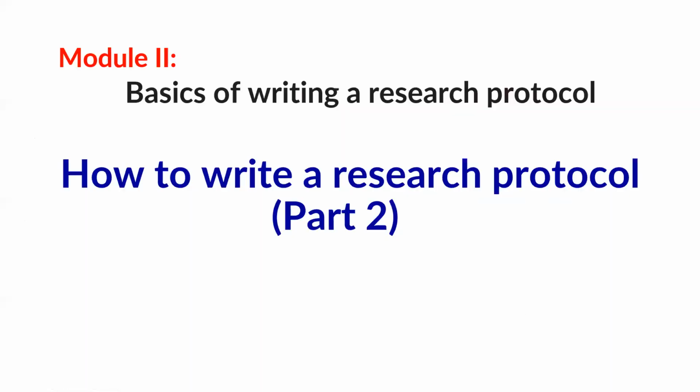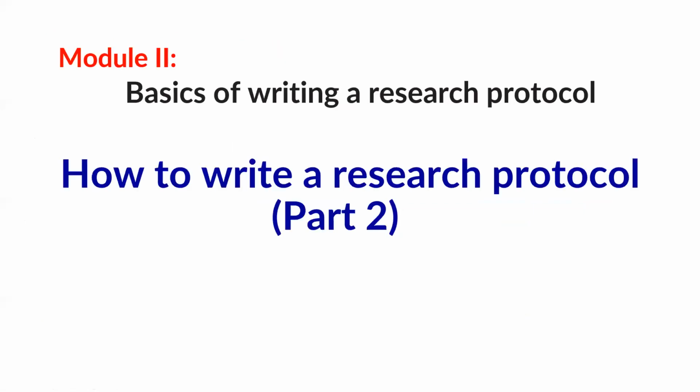Shall we proceed to the second lecture about how to write a research protocol? Now we are in step number 6, methodology, and we have talked about choosing a study design, then defining the inclusion criteria. The third one, which we discuss now, is sampling, randomization, and blinding.